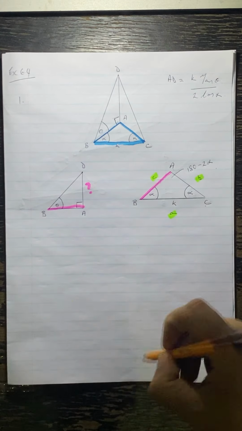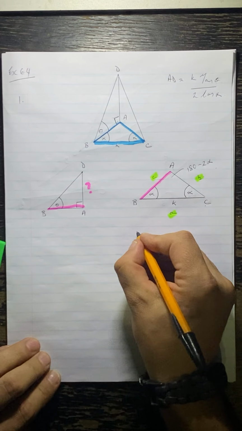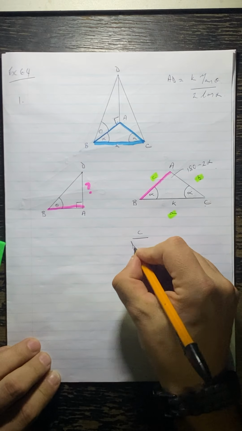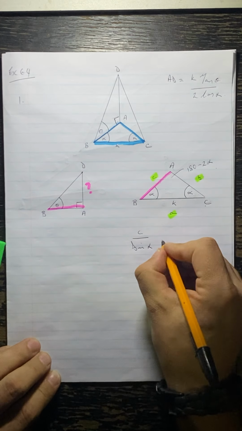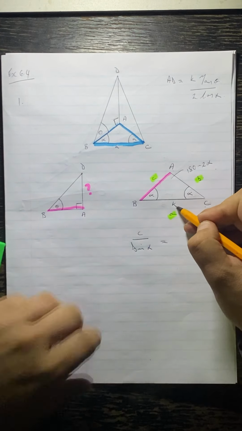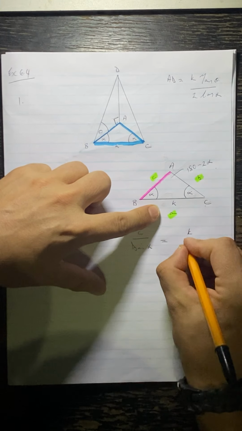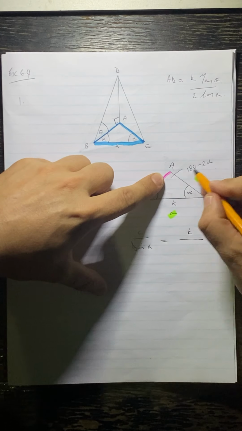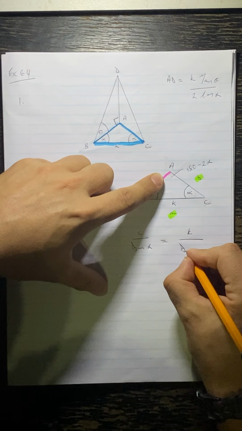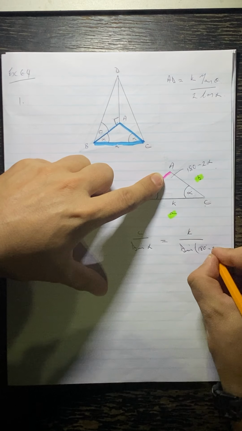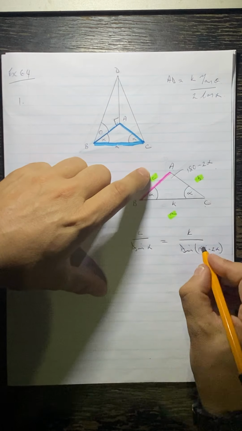Okay, so we have to have little c, because that's the side that we want, over sine alpha equals, now we have to have this here, which is little a, which is k, over the angle over here, which is sine of 180 minus 2 alpha.